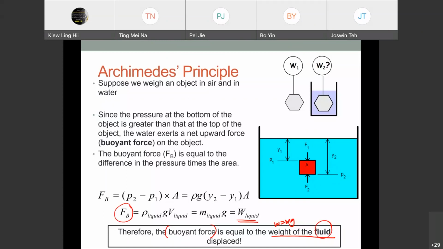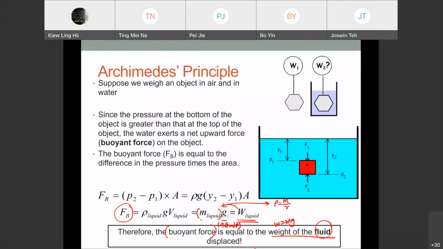So if you expand, weight of the liquid equals mg, where g is gravity acceleration, 9.8 meters per second squared. So m here will be the mass of the liquid, right? This mass of the liquid is not the whole liquid, but only the liquid that is displaced by the object. From our density, density equals mass over volume.